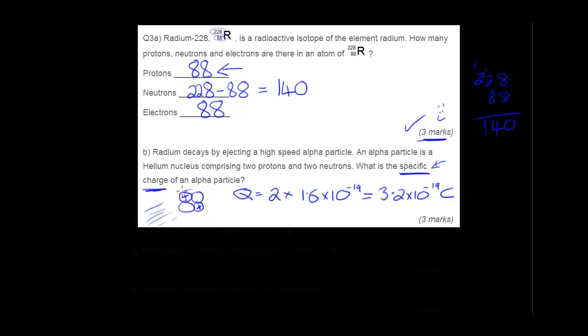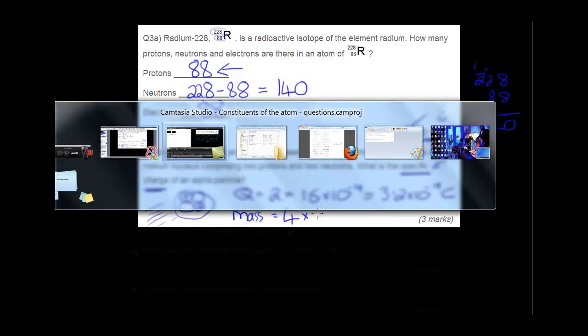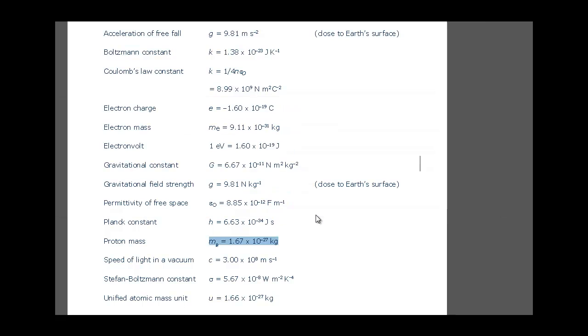The mass: there are 4 things here, and I'm just going to use the approximation for the mass of the proton and the mass of the neutron. So the mass is 4 lots of 1.67 times 10 to the minus 27, from the formula sheet.